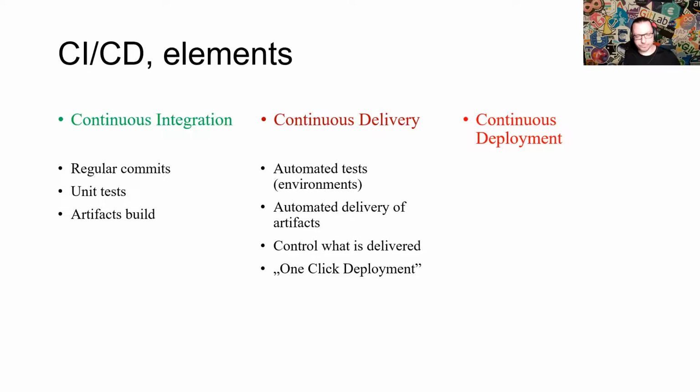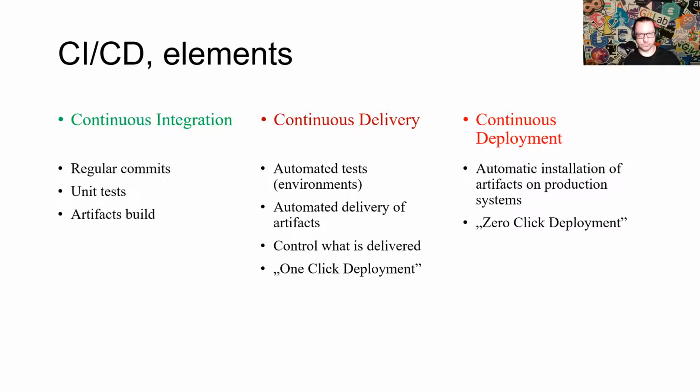It can be a review, it can be confirmation from a release manager, whatever. There is a moment where your pipeline stops and waits for intervention from a human being. And continuous deployment has only one change. It's automated installation of artifacts on production systems. So we don't have this one-click deployment, we have zero-click deployment.